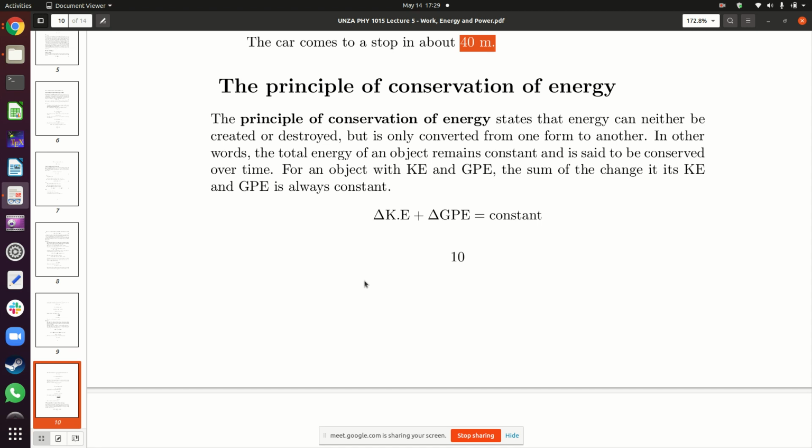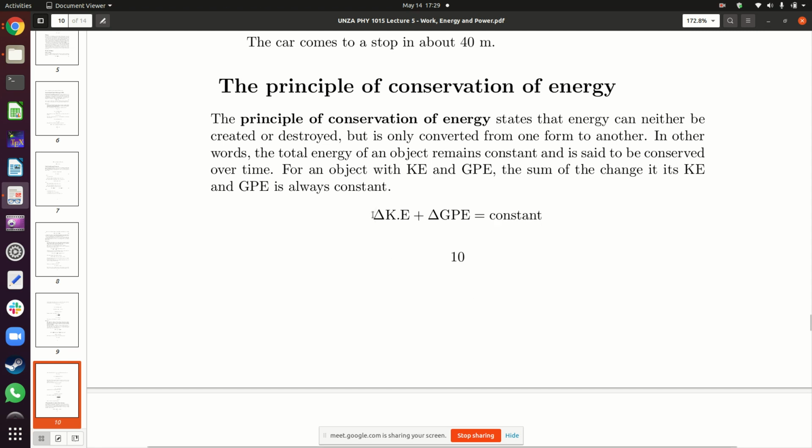The principle basically says that with these forms of energy you're interested in, mainly kinetic energy and gravitational potential energy, when you add the change in kinetic energy of an object and the change in gravitational potential energy of an object, the sum should always be the same. They should be constant. And this constant is basically 0 here.